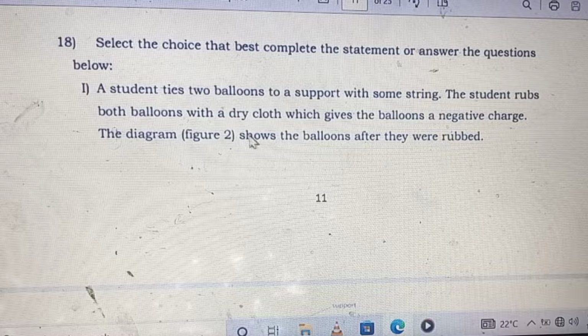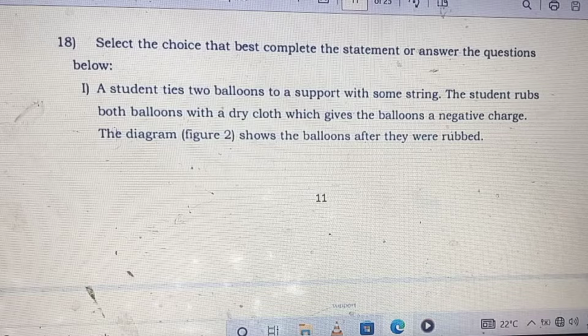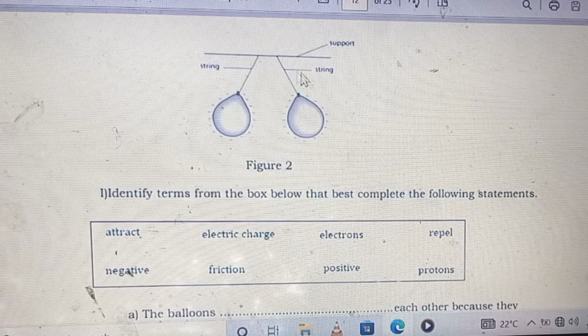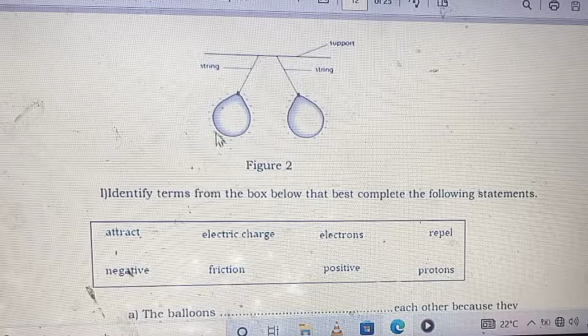The diagram, figure 2, shows the balloons' effect after they were rubbed. This is the figure. We have a string. This is a balloon with a negative electric charge. This is a string to support these balloons.